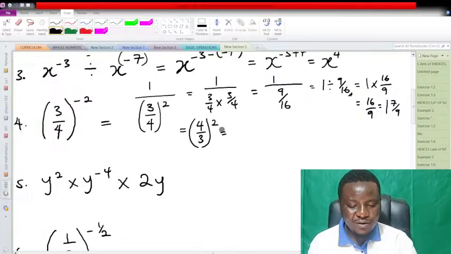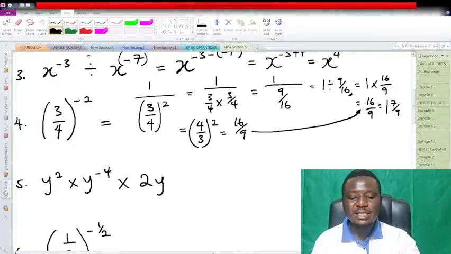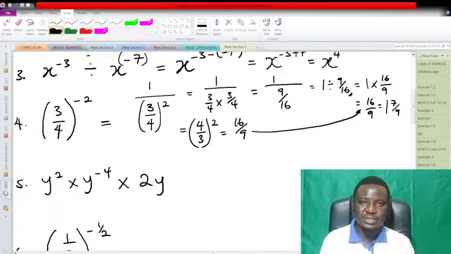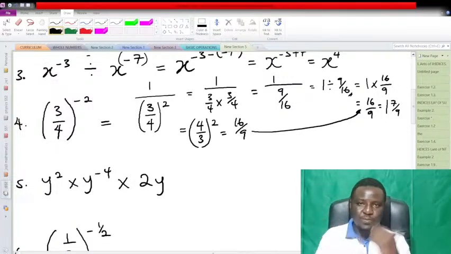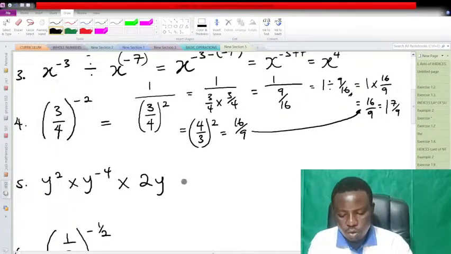And you can then simplify it to be 16 divided by 9, which is same as this. So it helps you shorten the process. That is what negative power does to a fraction. It reciprocates the fraction.